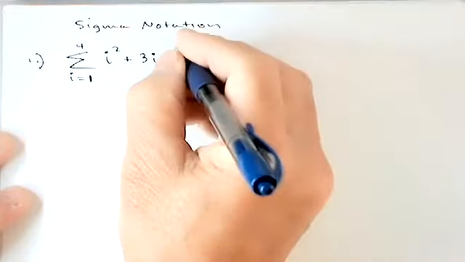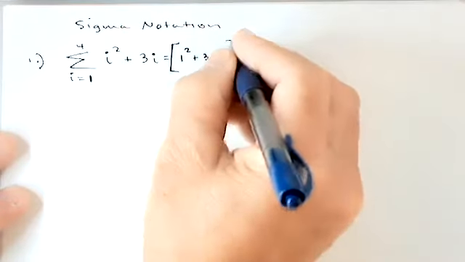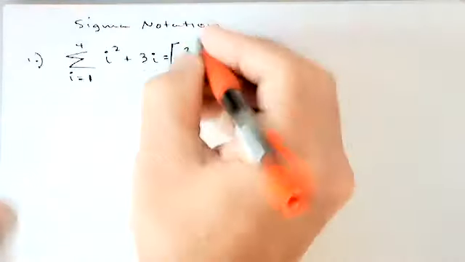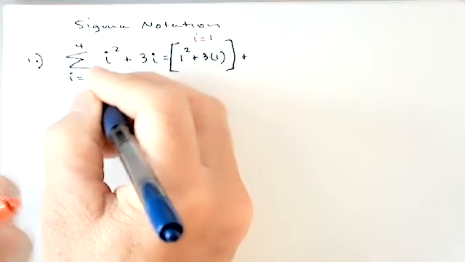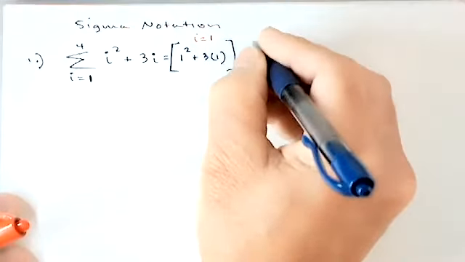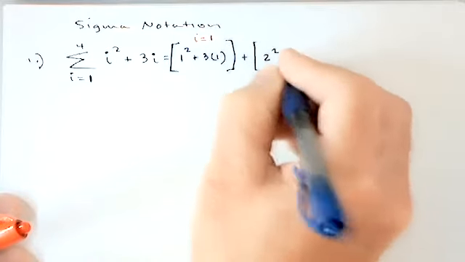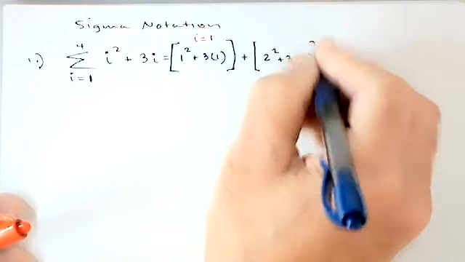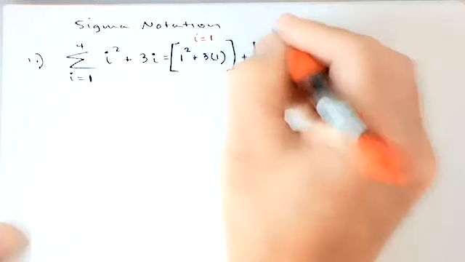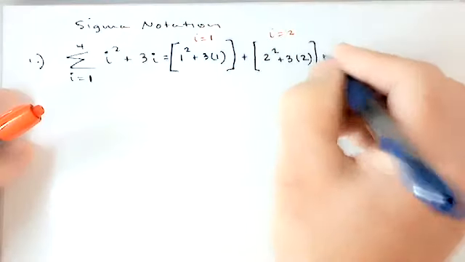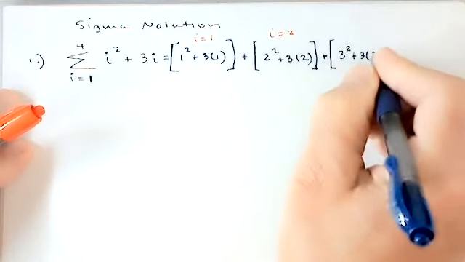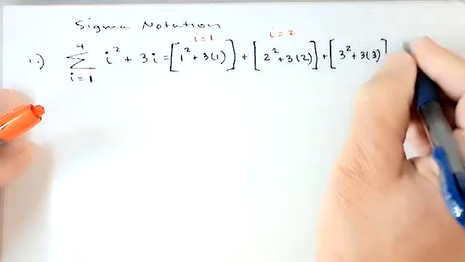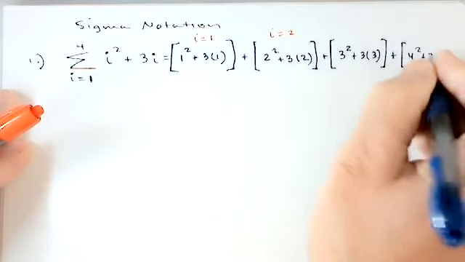I'm going to put brackets around this just to emphasize that that's what we get when i is equal to 1. Then i becomes 2. This is called the counter. i switches to 2, and if i is 2, we get 2 squared plus 3 times 2. Then 3 squared plus 3 times 3. And then the last one is 4 squared plus 3 times 4.